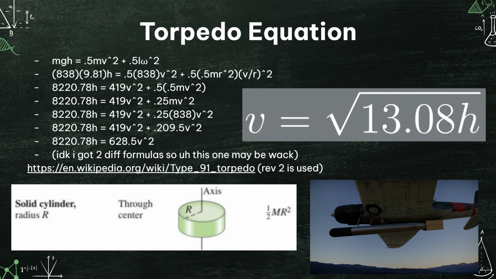Okay, so the torpedo equation, basically, torpedoes, when you drop them, they roll. They kind of spin on themselves. And we can make an energy statement for that. So, basically, the potential energy is equal to the kinetic energy plus the rotational kinetic energy.